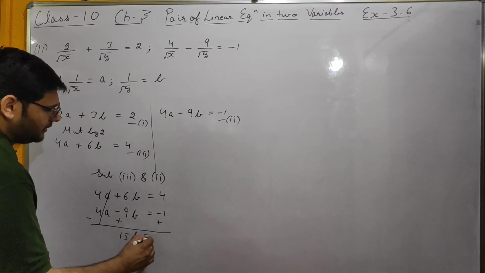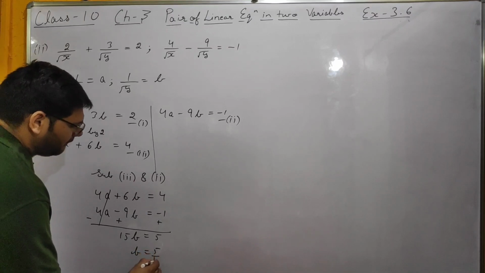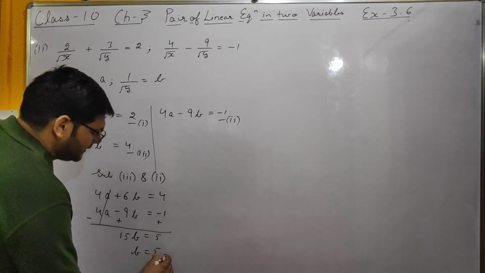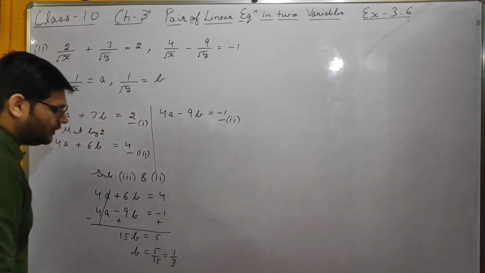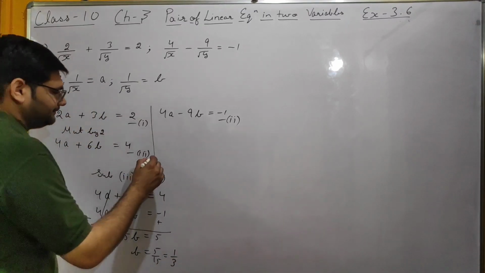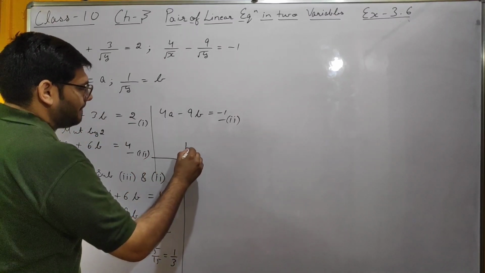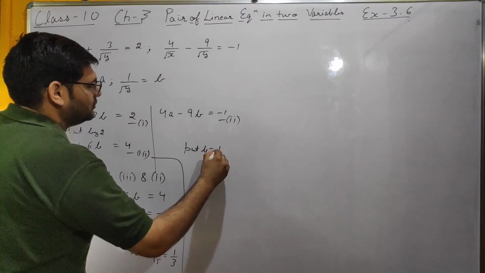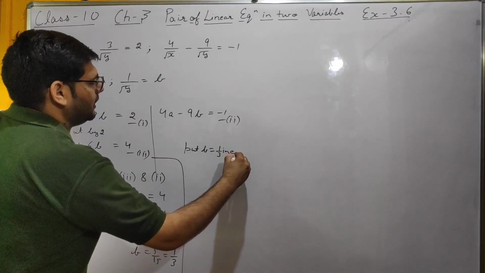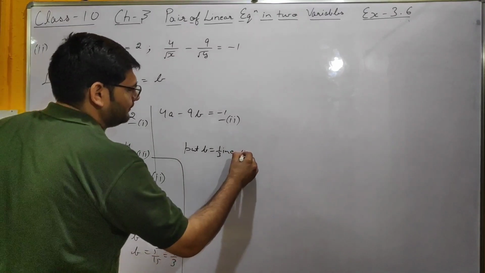15b equals 5, so b equals 5 by 15, or we can say 1 by 3. So the value of b is 1 by 3. Now put b equals 1 by 3 in equation number 1.